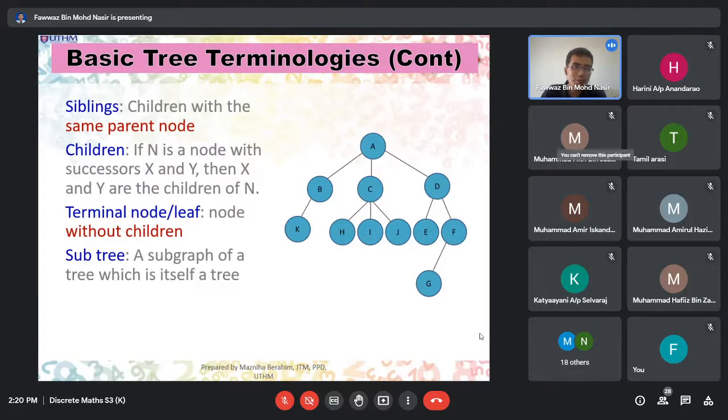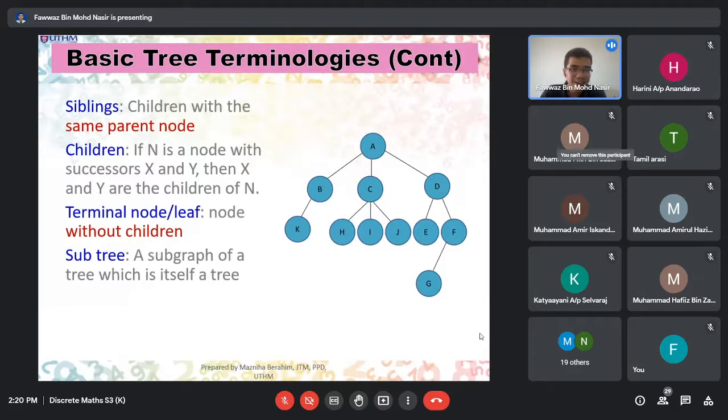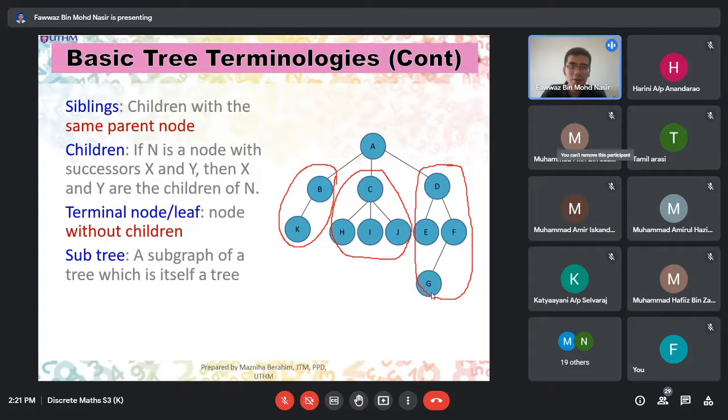Tapi bila kita sebut subtree, dia adalah a subgraph of a tree, which is a tree, which itself is a tree. Okay, so kalau kita tengok dalam this particular example, we have 3 different subtrees. So this one is one subtree, the first subtree. This one is the second subtree, and this one is the third subtree. So dalam this diagram, we have 3 subtrees dalam this tree.